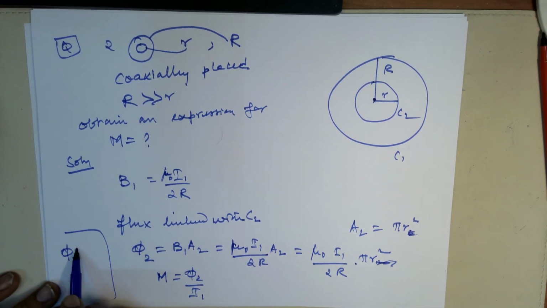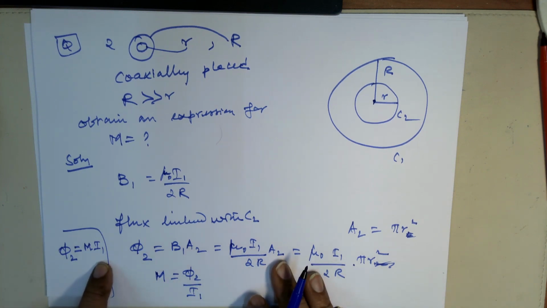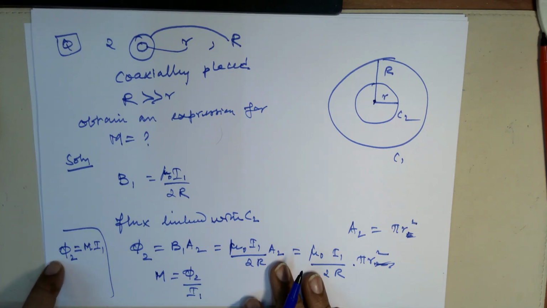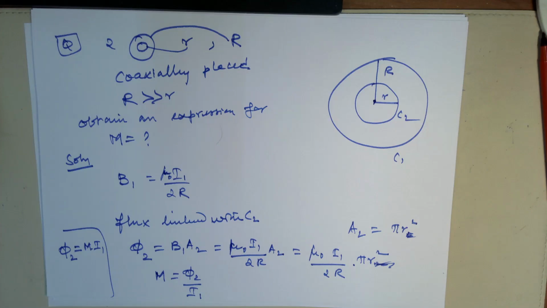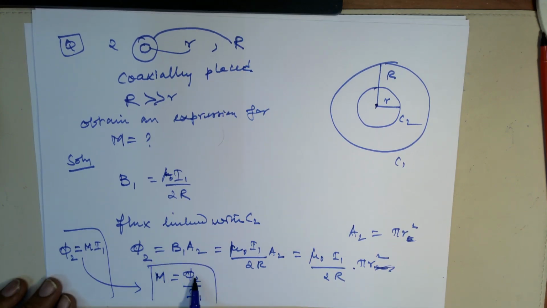The magnetic flux is equal to M into I1, depending on the current passing through the first coil, and M is the proportionality constant. So here M is equal to phi 2 by I1. That is why I brought it like this. And you can replace this phi 2 by this equation.